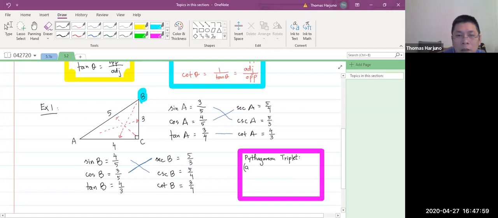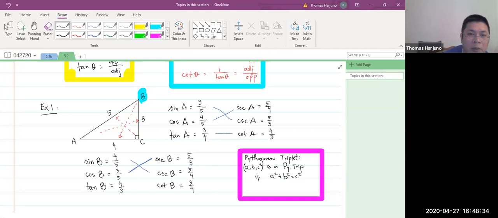If the set A, B, C is a Pythagorean triplet, they satisfy the Pythagorean theorem, A squared plus B squared equals C squared. Of course, the assumption is C is the longest side. In fact, if three numbers are a Pythagorean triplet, then they can be the sides of a right triangle.